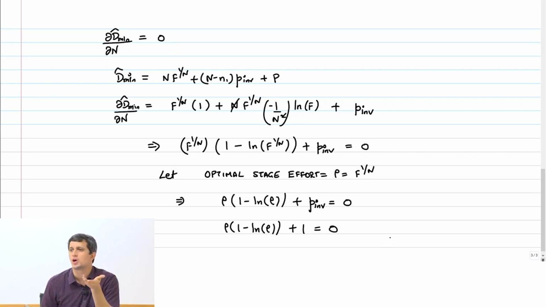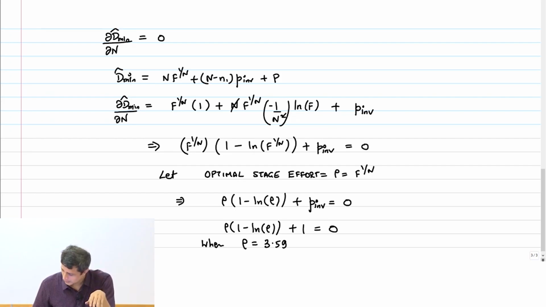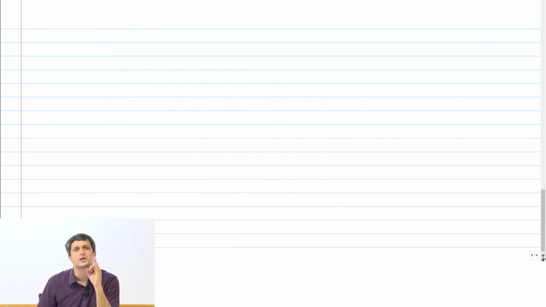Of course, the problem is you cannot solve this analytically. So you have to find the solution numerically, and it turns out that when rho is equal to about 3.59, you can evaluate this and check for yourself. This quantity on the left hand side will be very close to 0. So therefore, it turns out that the optimal stage effort is about 3.59.